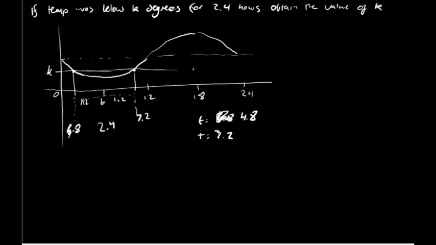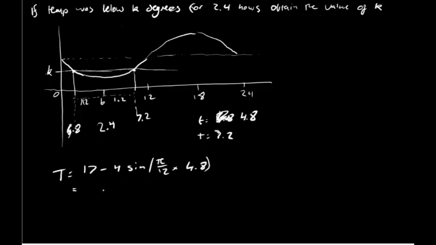If we substitute each of those endpoints, we'll be able to find what our temperature is. We can use either one. Let's use 4.8. Our temperature formula was 17 take 4 sine pi on 12 times t, which is now going to be 4.8.